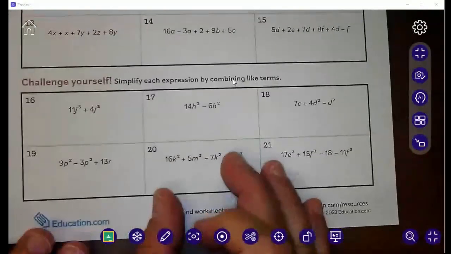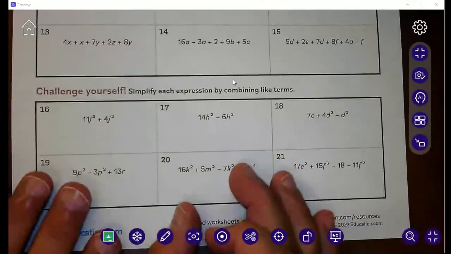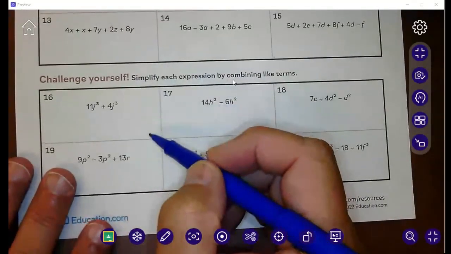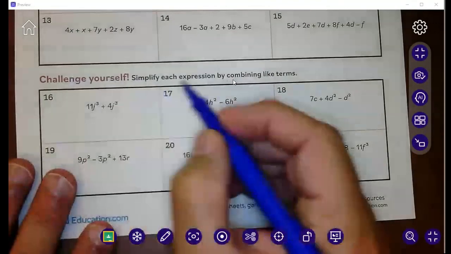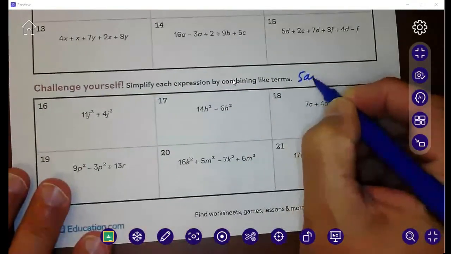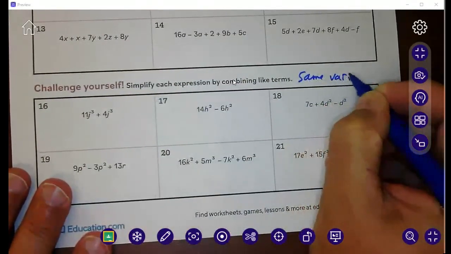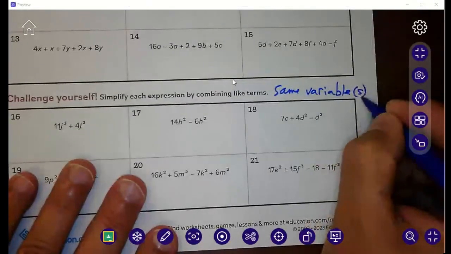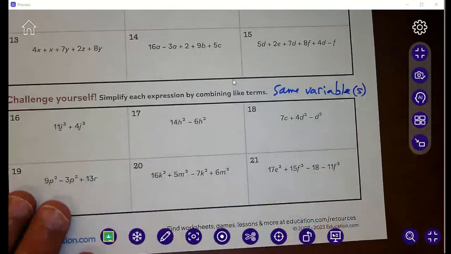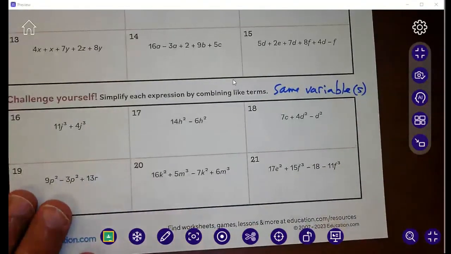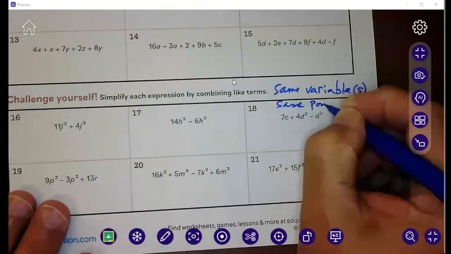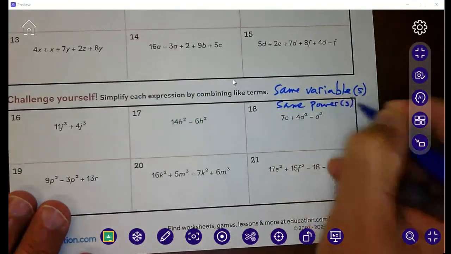Down here on the challenge problems, they threw some things in here on you. In order to be like terms, you have to have the same variable or variables. So you could have something that's got two variables, but they also have to have the same power or powers.